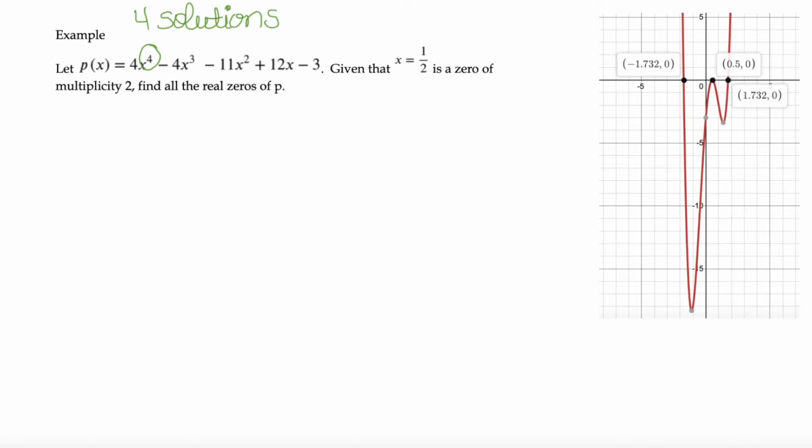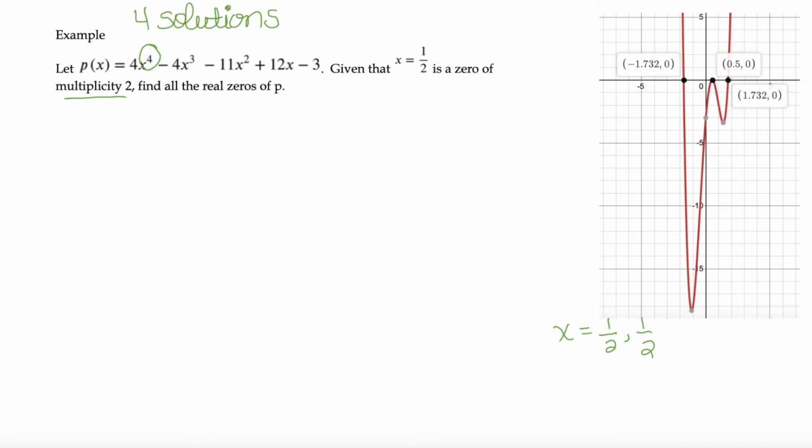It's telling us that 1/2 is a 0 of multiplicity 2, so we get to count 1/2 twice. So when I'm finding all of my solutions, x equals 1/2, we get to count that 2 times. Find the other 2 zeros.